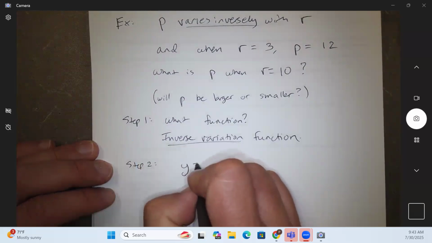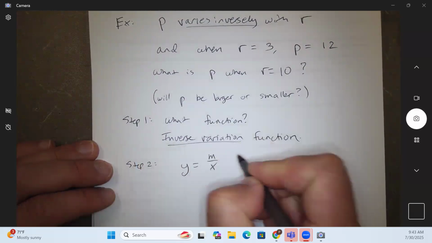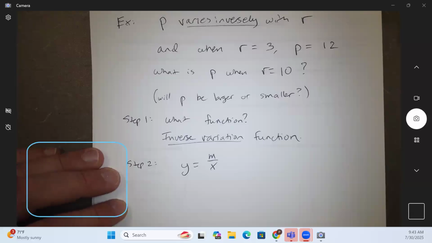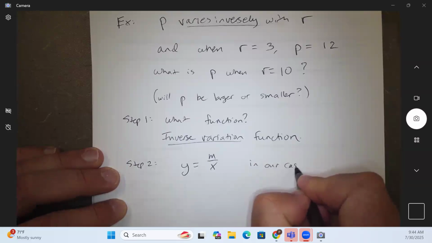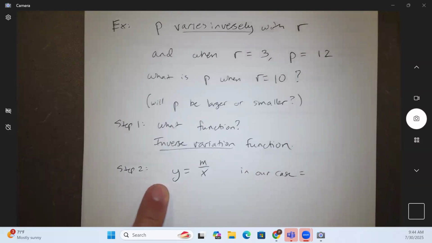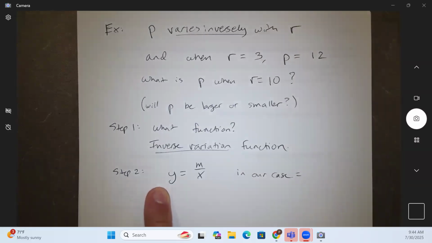The function should look like y equals m over x. And in our case, which letter is y? Yeah. Y is going to be P.